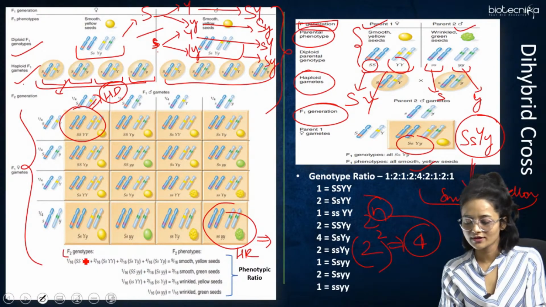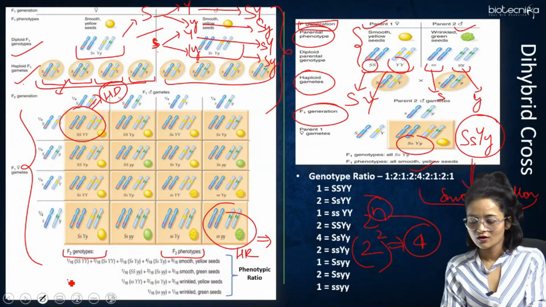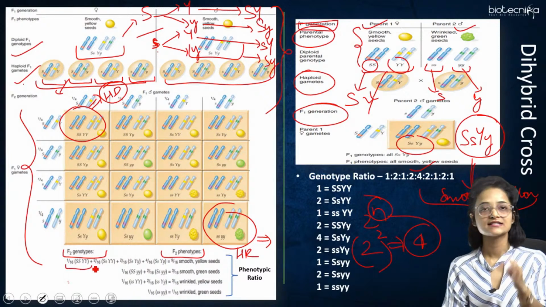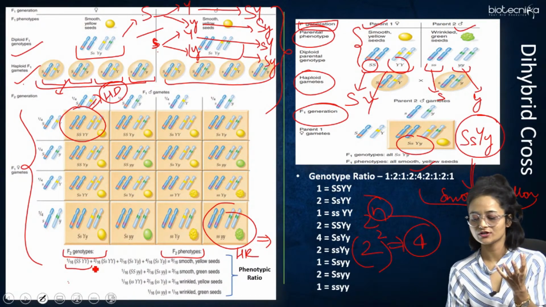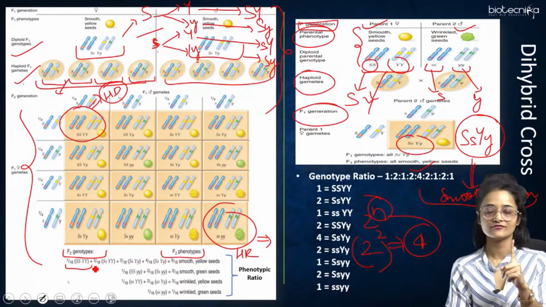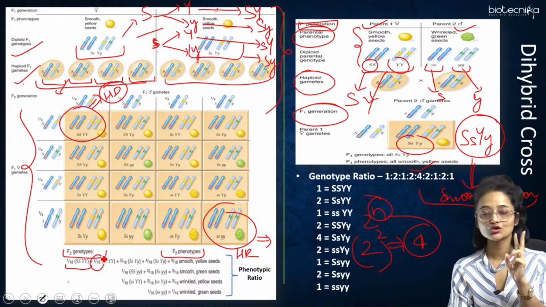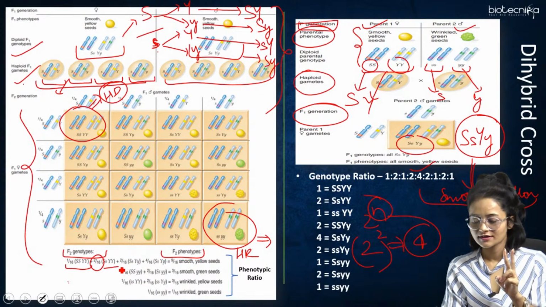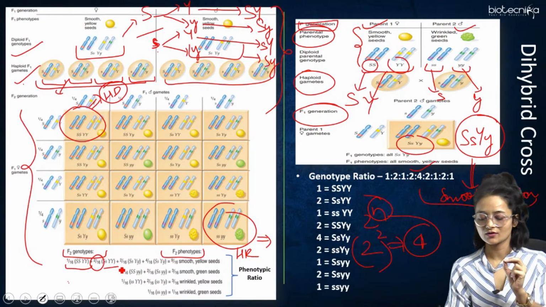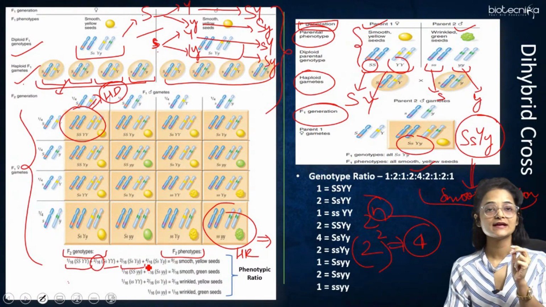Now the ratio for F2 genotypes and F2 phenotypes. For genotypes, 16 are produced here. Out of those 16, only 1 would have the homozygous dominant trait, right? Out of 16, 2 would have capital S, small s, and capital Y form, and 2 by 16 would have capital S, small s, and capital Y, small y.